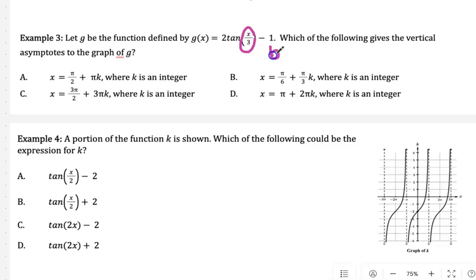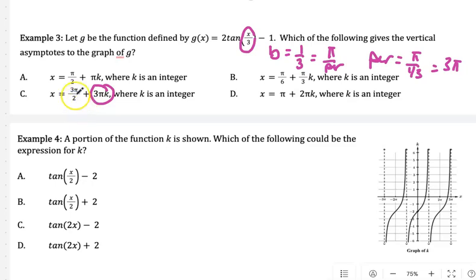And I know that my b value, which is 1/3, is pi over period. And so that means my period is pi over 1/3, or 3 pi. So if my period is 3 pi, I need to be having intervals of 3 pi for every asymptote.